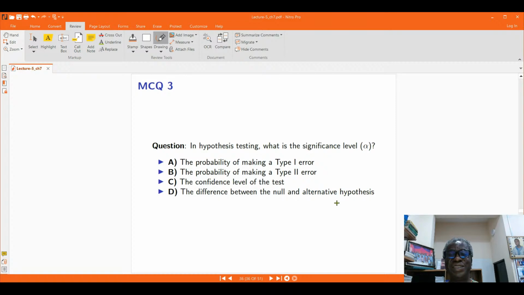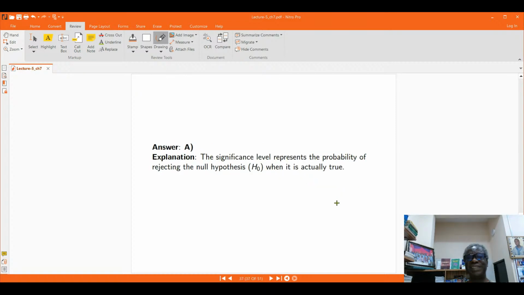Of course, this is straightforward. The answer is A. The significance level represents the probability of rejecting the null hypothesis when it is actually true, and that is the type 1 error. So your alpha or your level of significance is actually type 1 error.